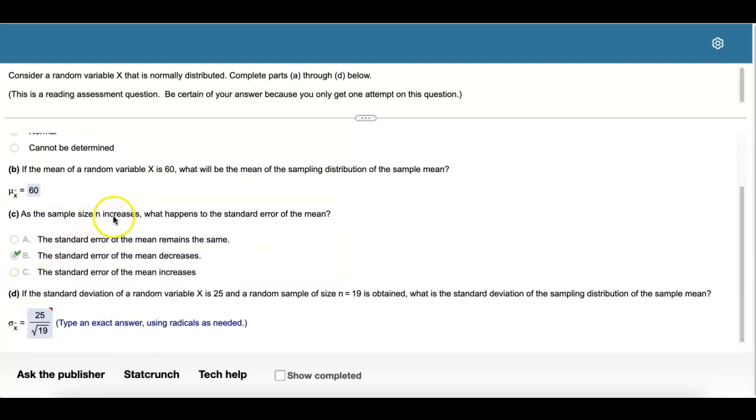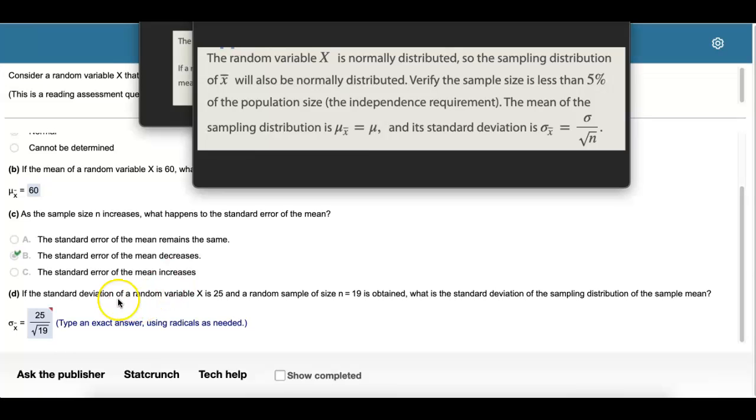And as the sample size n increases, the standard error of the mean decreases. There was even a video example that the author walked you through where they did a simulation showing that. For this last part, I'm going to come back to our given formulas that we had here.